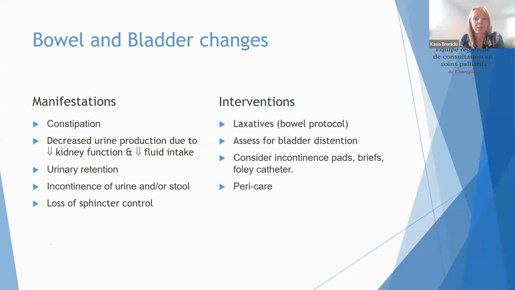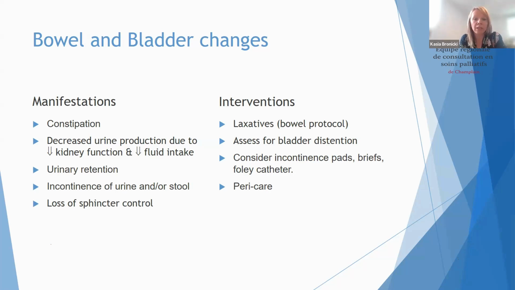It can also be caused by other comorbidities such as BPH, and to assess for bladder distension at each exam. So if you're listening to the bowels, have a look, palpate the abdomen, and make sure that bladder is not distended, or if somebody's presenting with agitation, assessing for that as well.